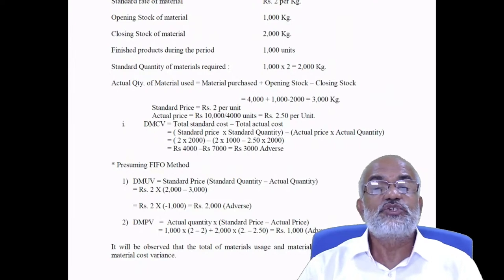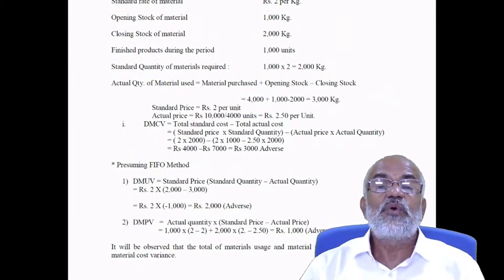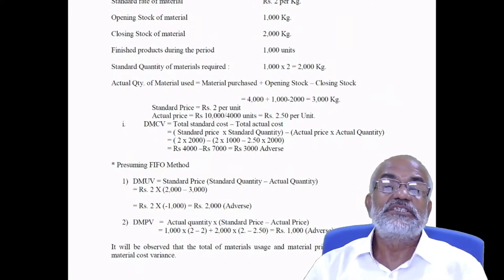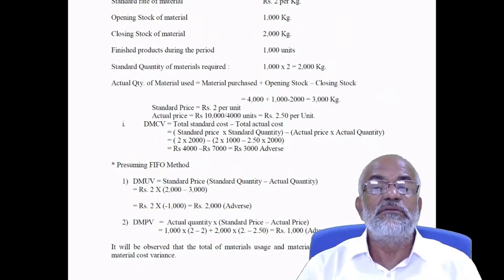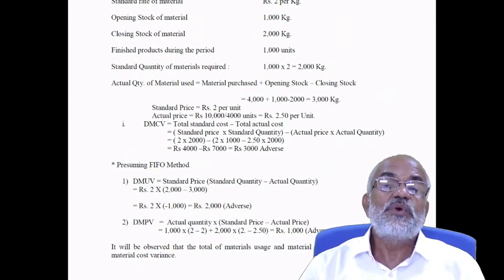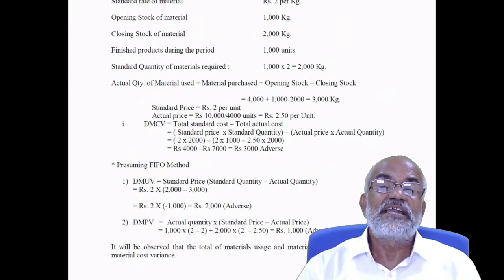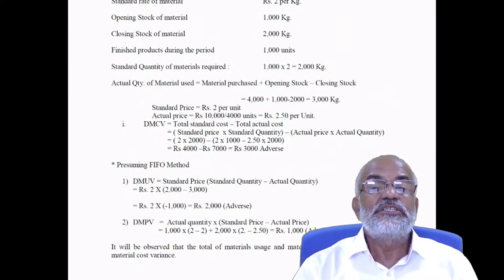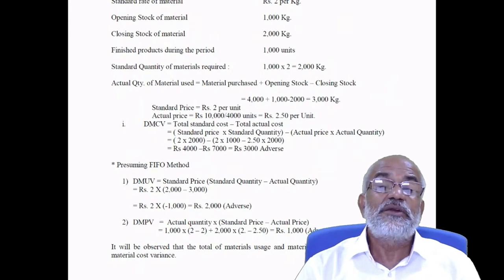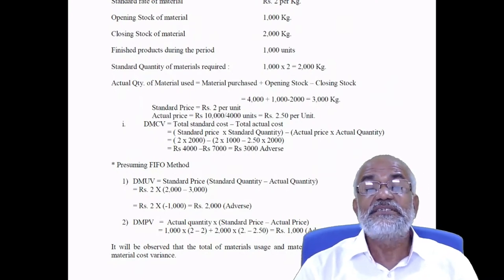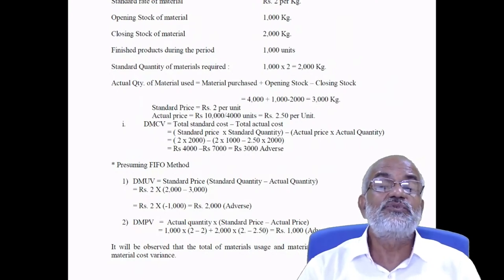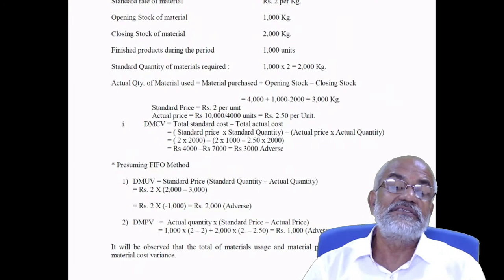The standard price is 2 per unit, the standard quantity is 2,000, and the actual quantity is 3,000. So 2 into minus 1,000 gives an adverse result of 2,000. So the direct material usage variance is adverse 2,000.